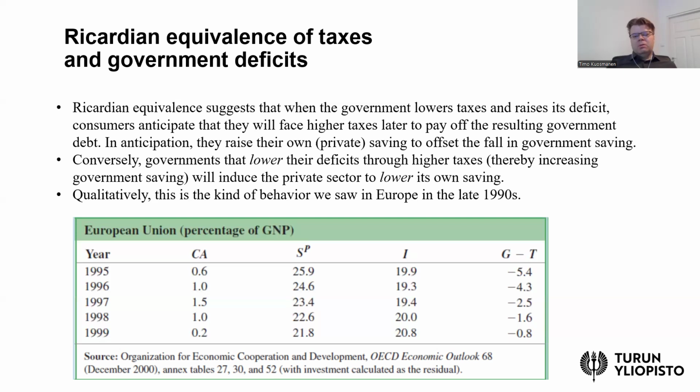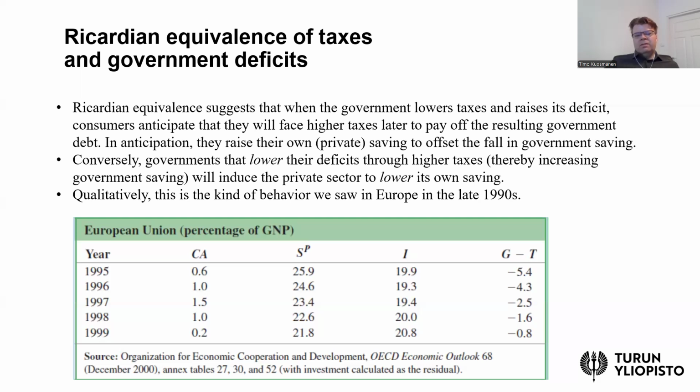David Ricardo was arguing that if, for example, the government tries to stimulate the economy by lowering taxes, then rational households will anticipate that the government needs to raise taxes later. So they respond by increasing their private saving. This kind of economic stimulation doesn't necessarily work as effectively as one could think.